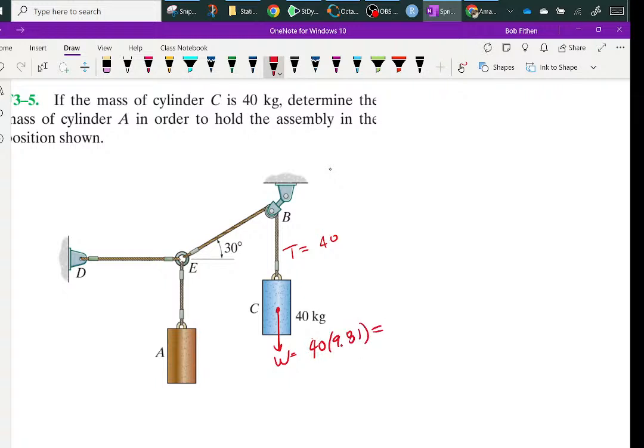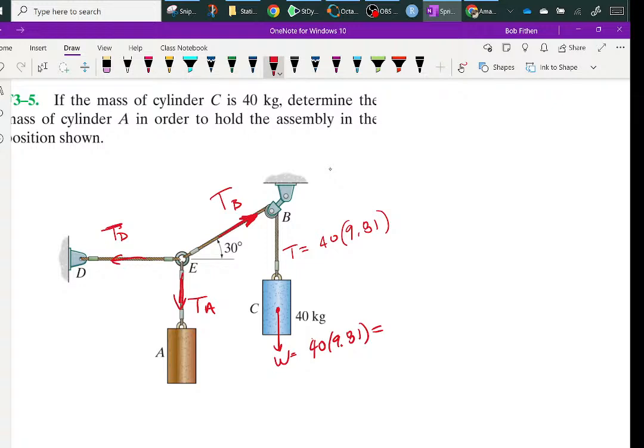Whatever that number is, that's going to be the tension in this line right here. I'll figure that out later. Right now I'm just going to call it TC. I'm sorry, TB. I'm going to call this one TA, and this one TD.